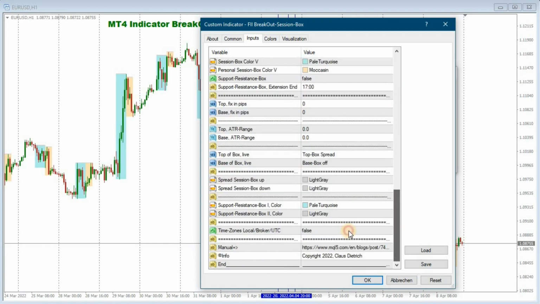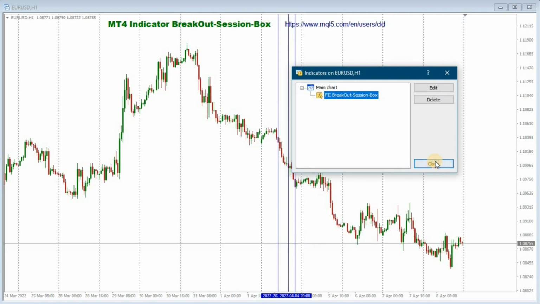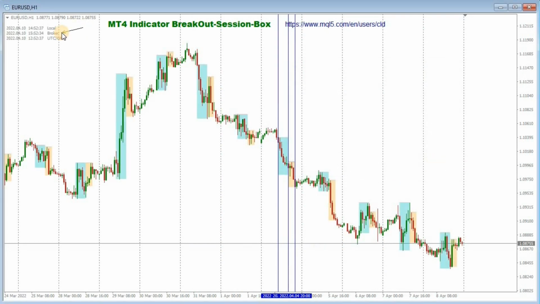Then again, as a reminder, the broker time is not my local time. My local time is 9 a.m., which means the broker time on my chart is 10 a.m. 1 hour ahead.